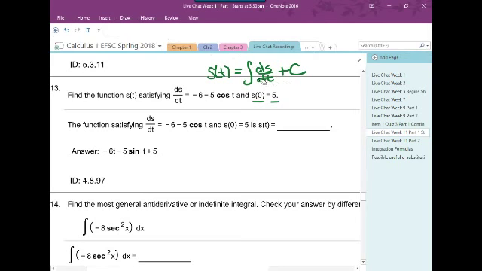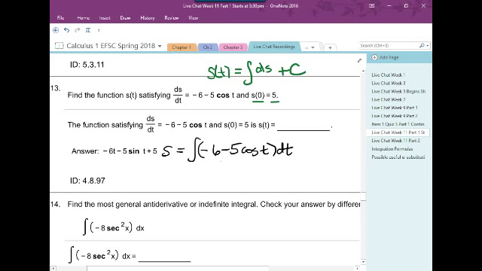Except we normally don't, we would just put ds. Okay. All right, so let's go ahead and integrate negative 6 minus 5 cosine of t dt and find out what that original function must have looked like. All right, so this is going to be s equals that.